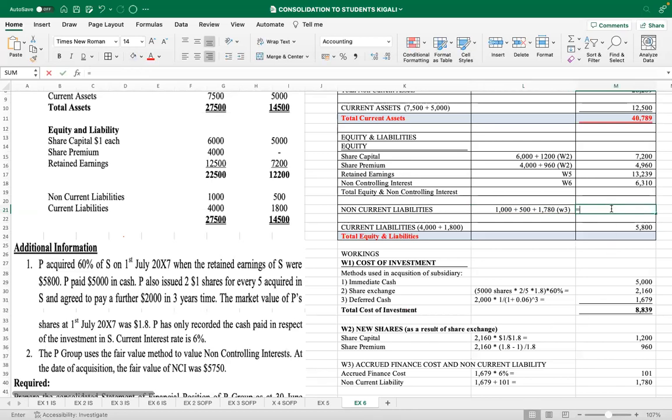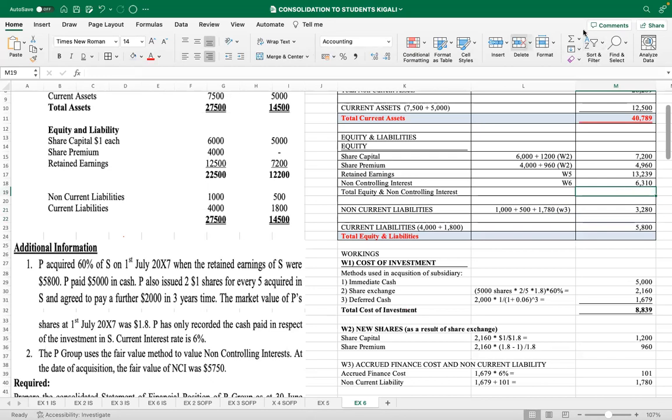So let's get the total. 1,000 plus 500 plus non-current liability of deferred cash is 1780. So let's see if our balance sheet balances.